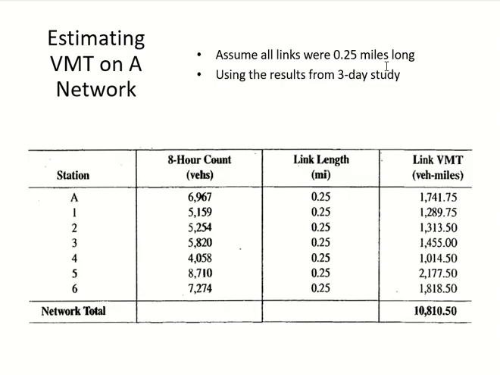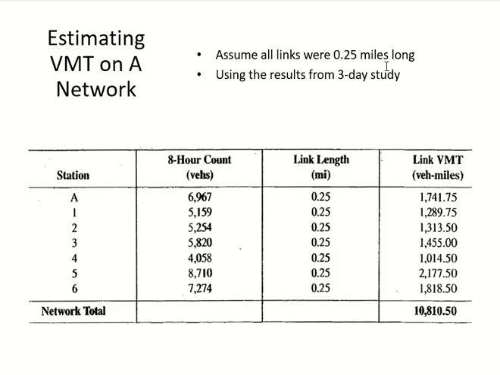Another important thing about network volumes is the vehicle miles traveled. If you change the units, it can be called vehicle kilometers traveled, but it means the same thing. Vehicle miles traveled is said to be the indicator of the importance of the highway.